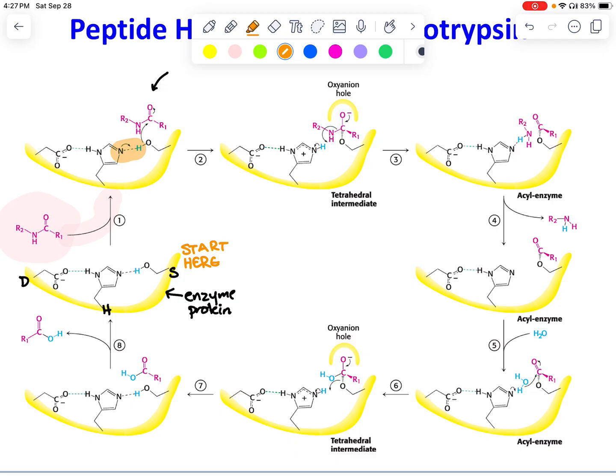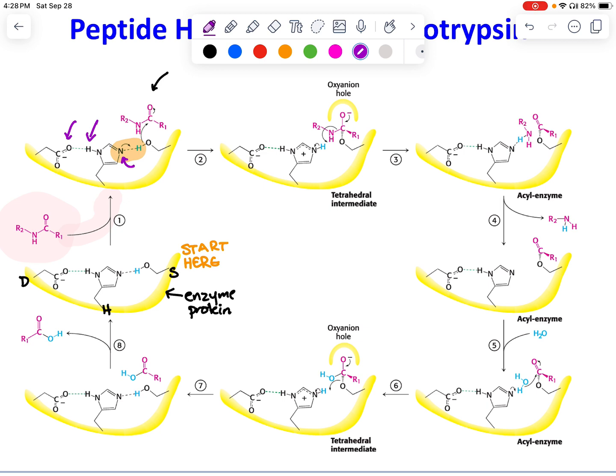But it is possible because if we look over here, the aspartate oxygen right here stabilizes this hydrogen from histidine with a hydrogen bond. That stabilization changes the pKa and allows this nitrogen right here to accept that hydrogen. That makes that oxygen a very strong nucleophile that will attack the carbon.